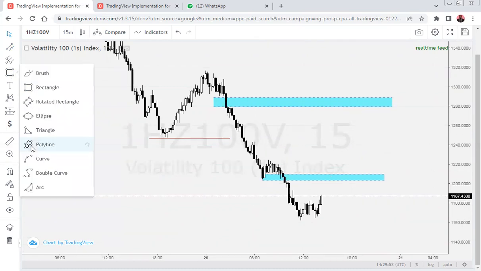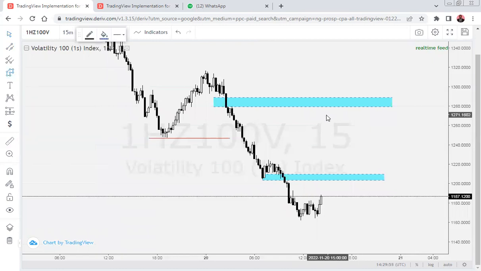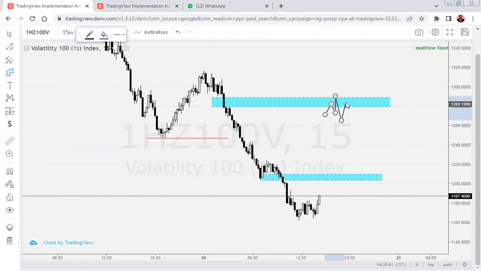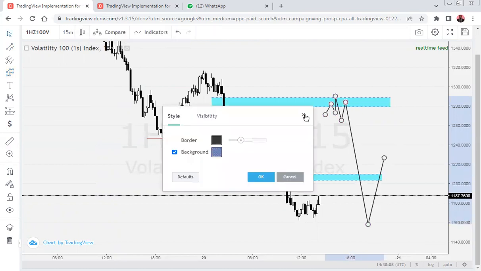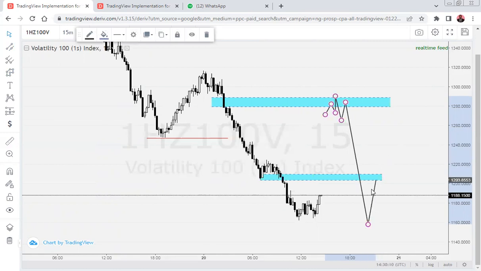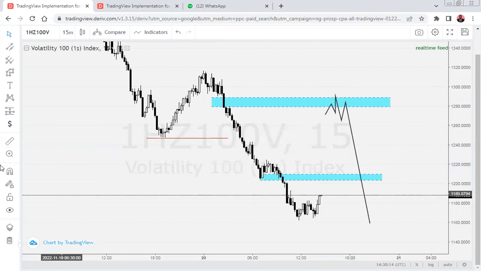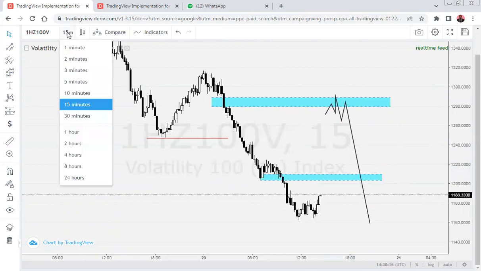Price might decide to come here, and then go down. Okay, so price might decide to come here, but that's not my point of interest.